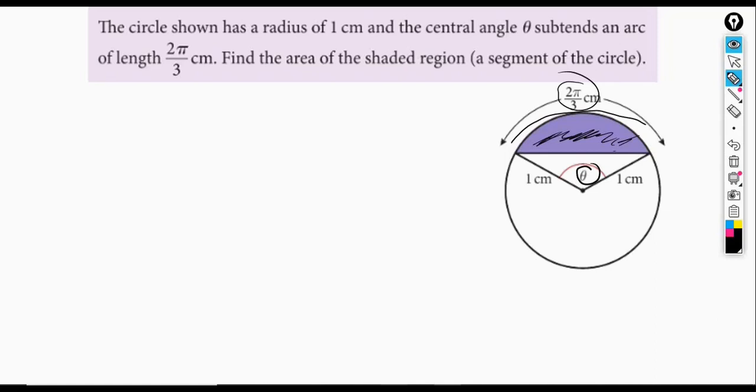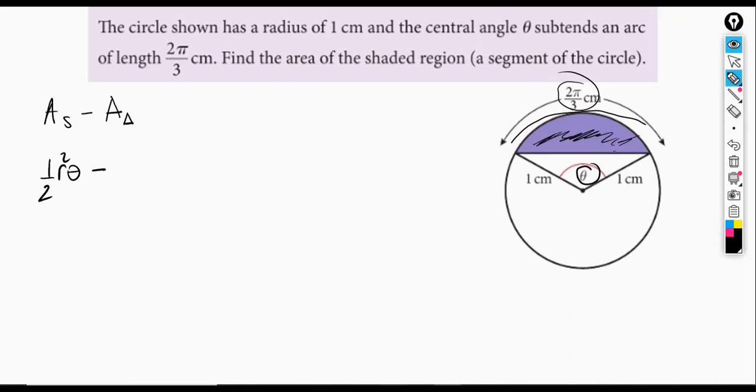These problems where they want us to find a segment like that normally involve subtracting the area of the triangle itself from the area of the sector. The area of a sector, if you can recall, is equal to 1/2 r squared times theta, where theta has to be in radians.